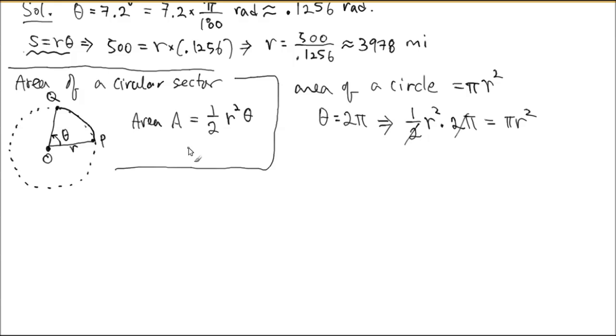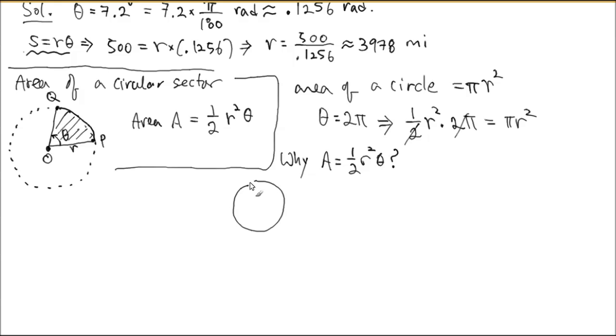All right? The way the example works is quite similar. It's just a slightly different formula, an area in this one. So this time, I'm going to explain first why the formula is derived like that, and then we're going to go to an example. So why is the area of a circular sector A equal to 1/2 times r squared theta? Remember the idea? Let me give you these two things.